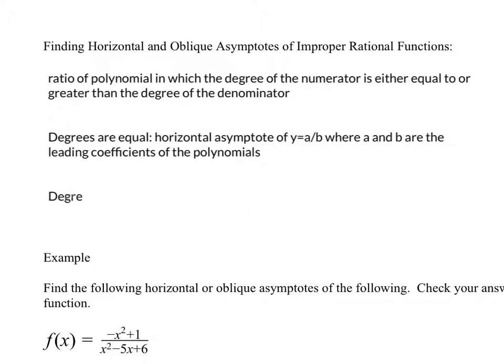When the degree of the numerator is greater, this would be when we get an oblique asymptote. And it's found by using long division.